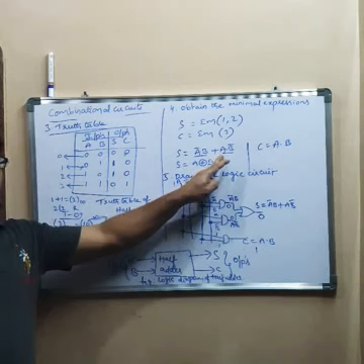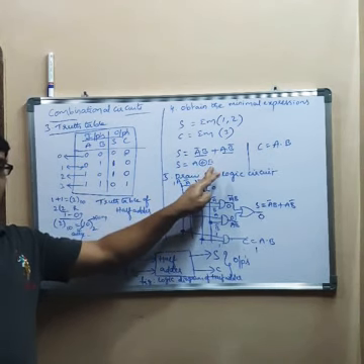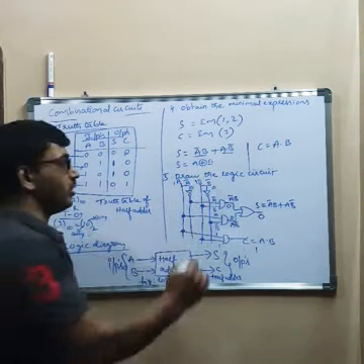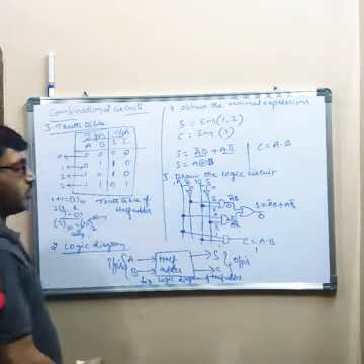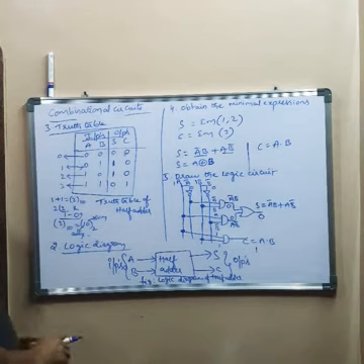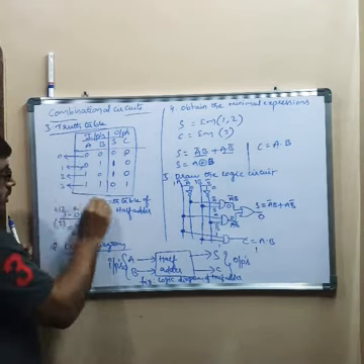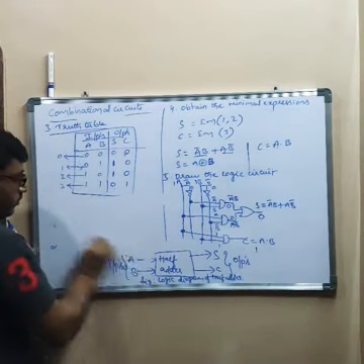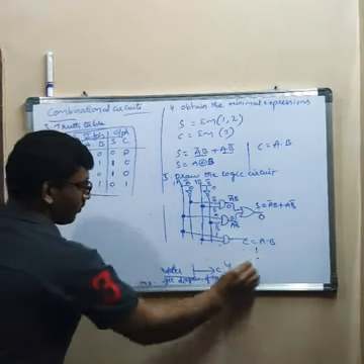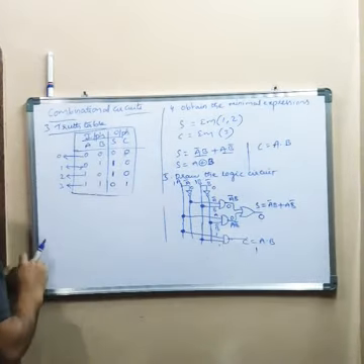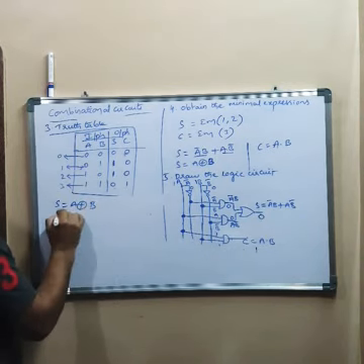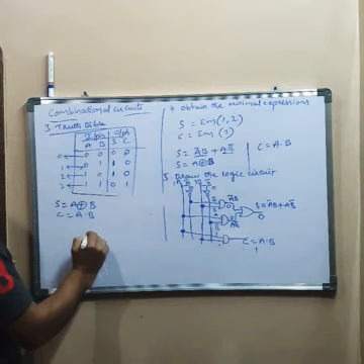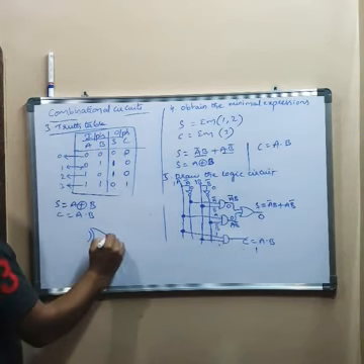So you can also draw the logic circuit for this expression. S is equal to A XOR B you have, right? I will write here. S is equal to A XOR B, C is equal to A dot B. Simply I will take exclusive OR gate.